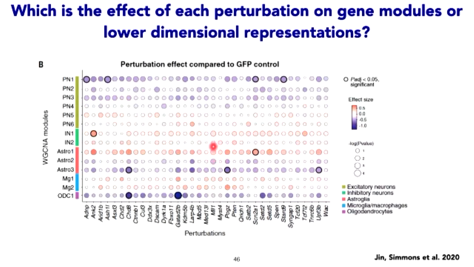Here each row represents the effect of every perturbation on one specific gene module. So PN1, PN2, they're gene modules. And what's interesting is that some of the gene modules here are cell type specific. So we do see that there are some perturbations which impact some modules in a cell type specific manner.